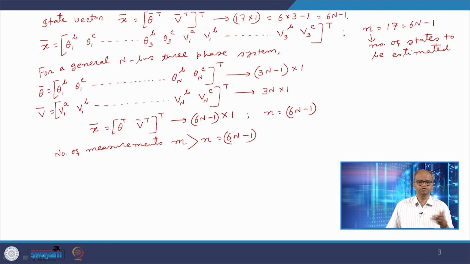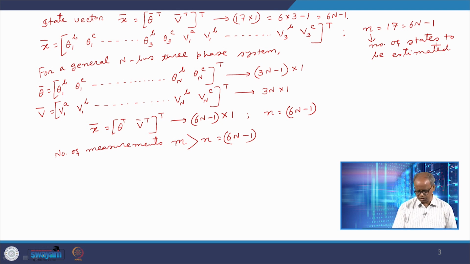Sometimes you also put pseudo measurements, but we are not going into those details. We are assuming that we are getting these measurements, whether real or pseudo, from somewhere. So m should be greater than n, which is 6n minus 1.